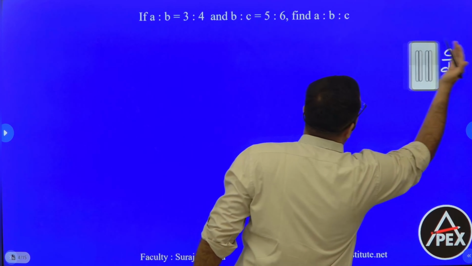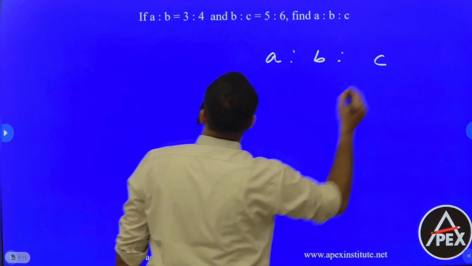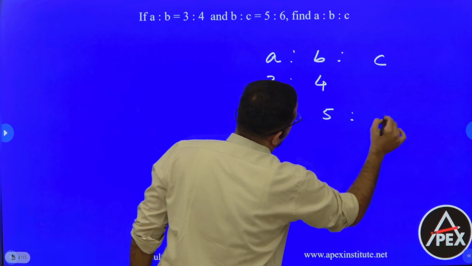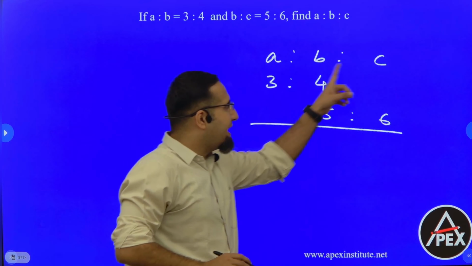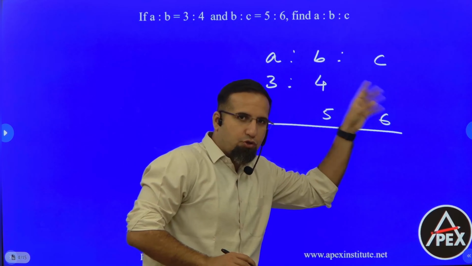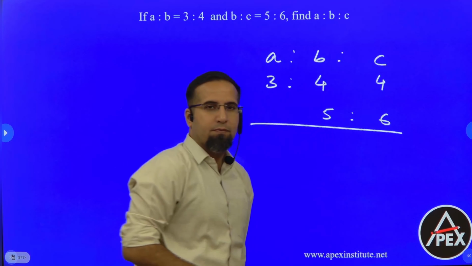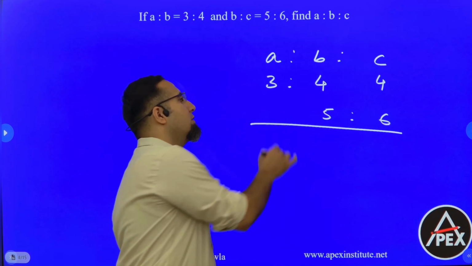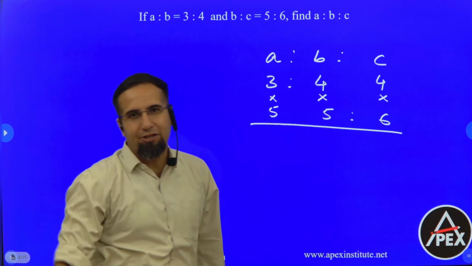ठीक है? So how do I apply the shortcut here? Let me rewrite it again. A is to B is to C. So I have 3 is to 4 and I have 5 is to 6. I repeat once again. There is a space empty to the right of 4. So therefore you have to repeat the same number. Let's say I write 4 here. Now there is a space empty to the left of 5. So I have to repeat this number here. So I write a 5 here. And now my job is to multiply all the 3 of them.